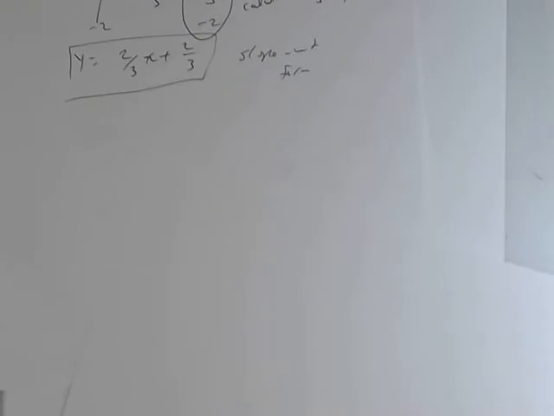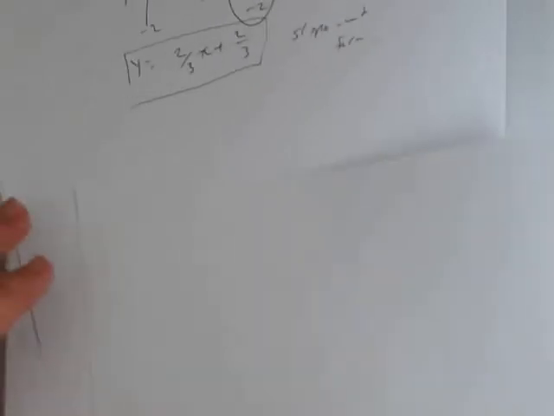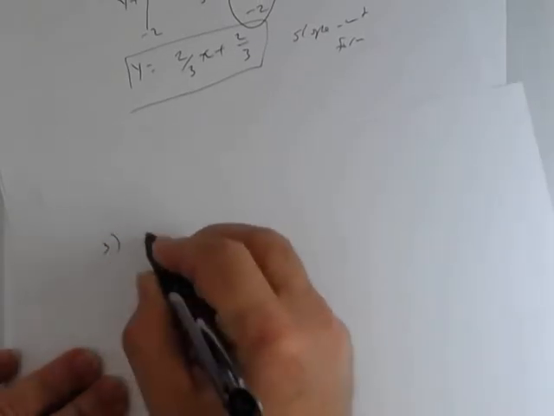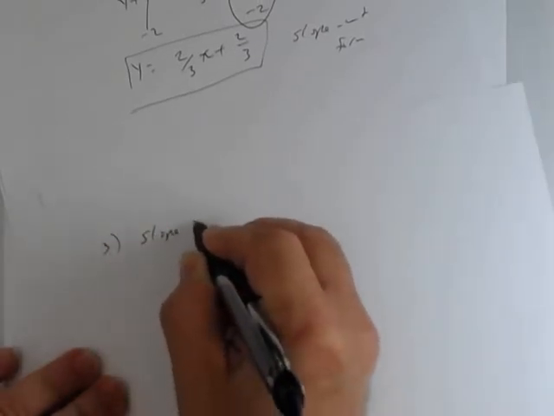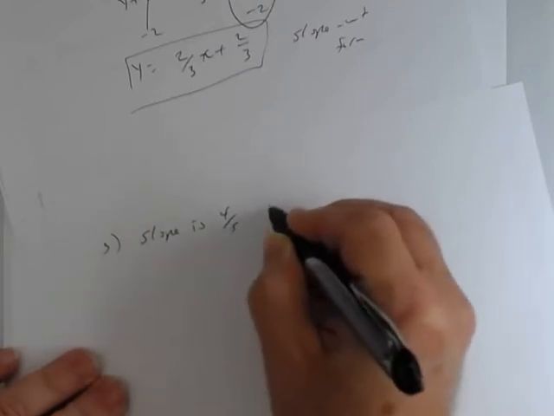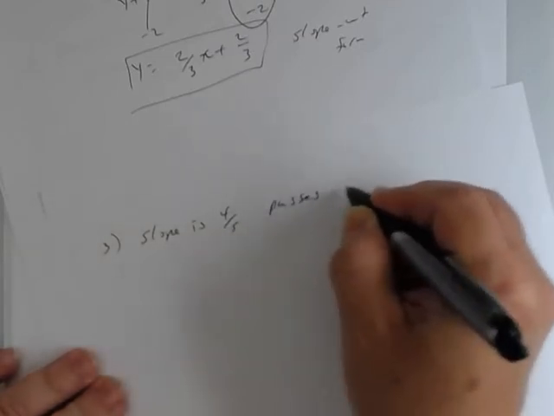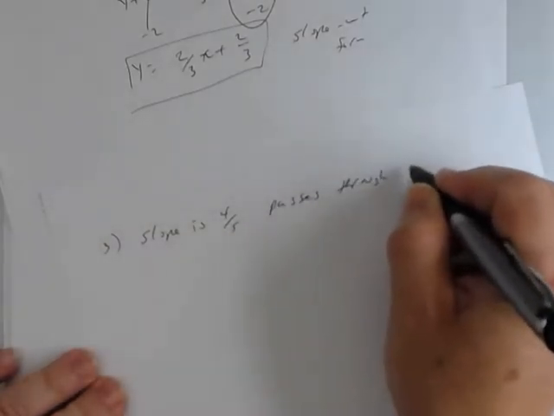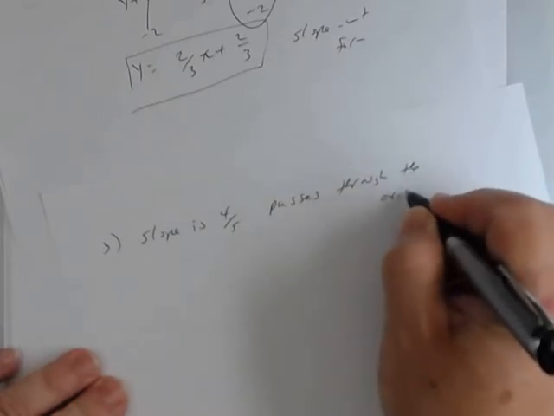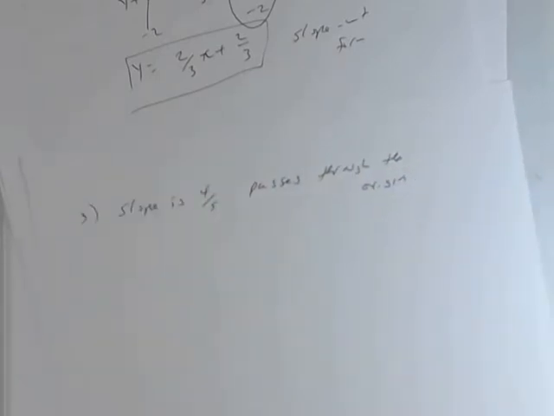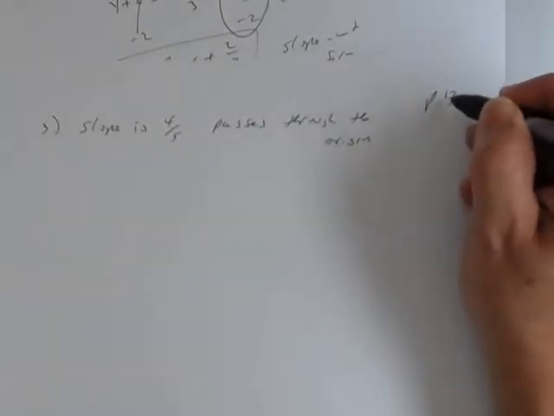Suppose the slope is 4/5 and it passes through the origin. The slope is 4/5 and it passes through the origin.